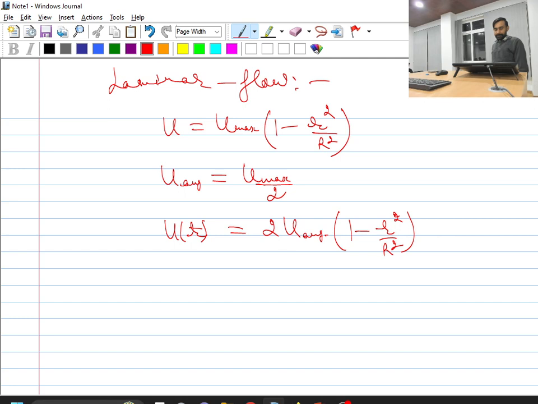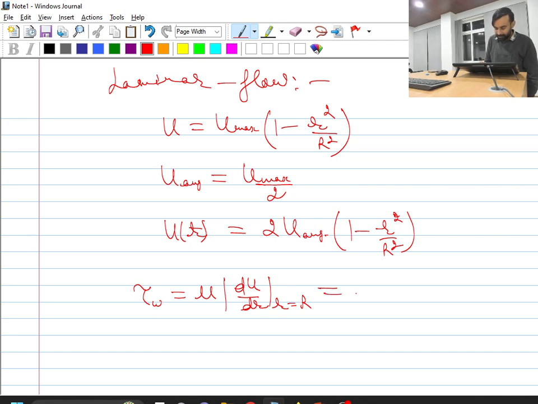Okay. So from here, if I have to calculate wall shear stress, then wall shear stress is nothing but mu times modulus of du by dr at r equal to capital R. Fine.